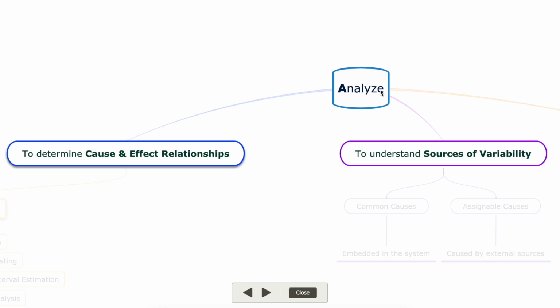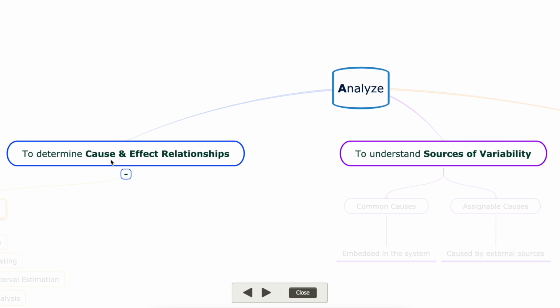In this step, first we determine cause and effect relationships. Cause and effect relationships are the ones that show what is the thing that is causing something. So there is a cause and there is an effect, and what is the relationship between the two, whether it is deteriorating or improving something.